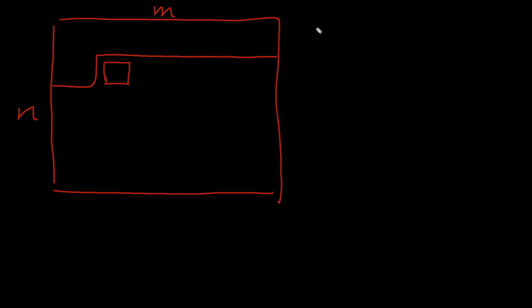The reason is that, let's say we have a last row, which has a size of m. The current cell has the column index j. The left one is last row of j minus 1.